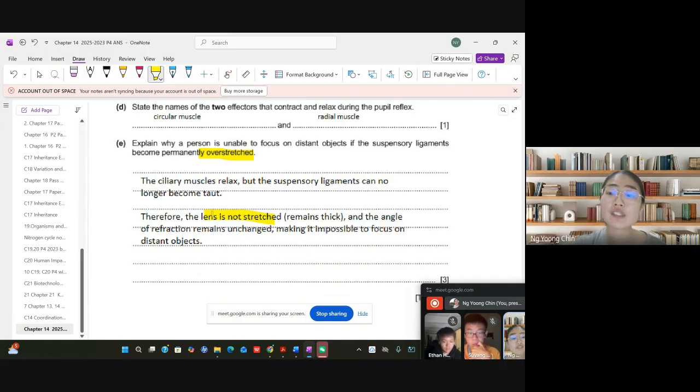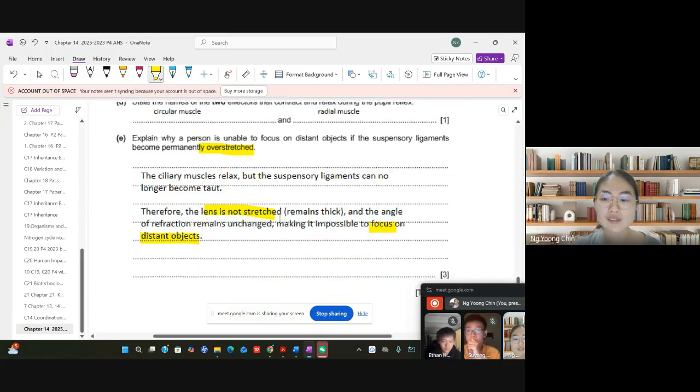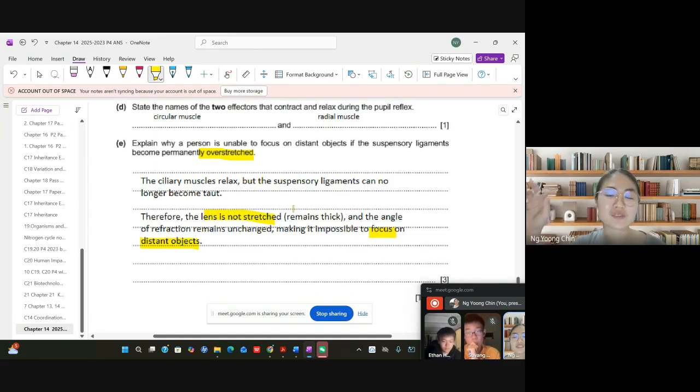But what happens if the ligament just overstretch? So when the overstretch, right, they will cause the stretch become very loosened. So that's why the lens is not stretchable. So the lens will just remain thick. So when the lens remain thick, right, the angle refraction remain unchanged, so you are unable to focus on the distant object. Okay, this is a bit because indirect question. Okay, indirect questions.